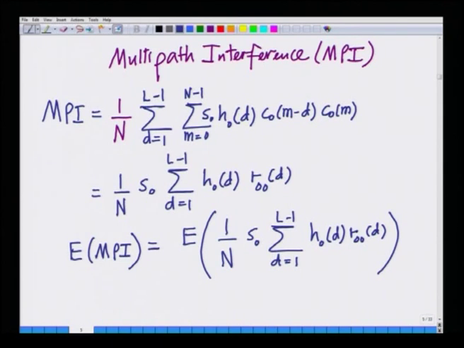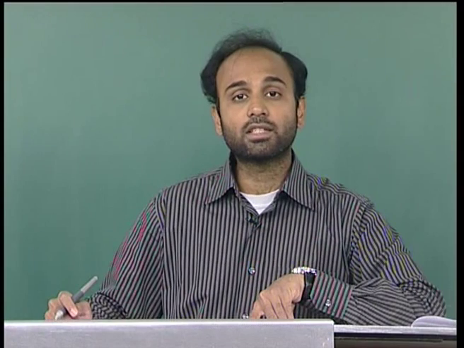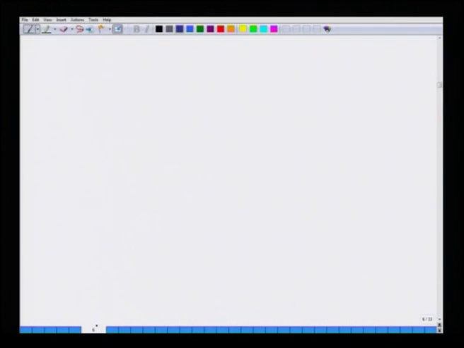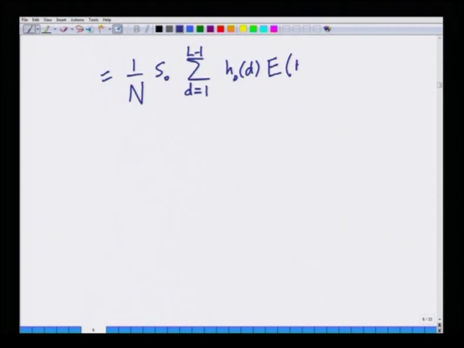Now, I can take the expectation operator inside and write it as the sum of the expectation of each of the individual terms, and that is simply nothing but 1 over n S0 summation d equals 1 to L minus 1 H0 of d into expected R00 of d.